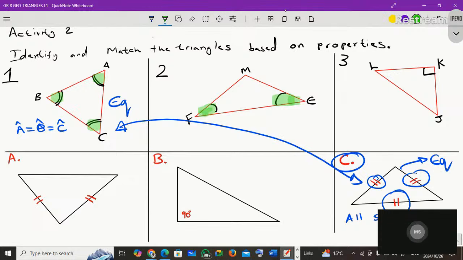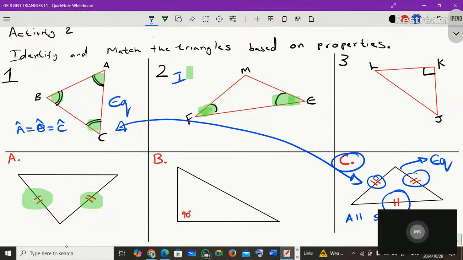Okay, so now we move to the black ones. As you can see, on the black one we have a triangle with 2 equal sides. It doesn't matter if one is pointing down and the other is pointing up, or one to the right and one to the left. We are focusing on the properties. We match the properties. So that means this one now is an isosceles triangle.